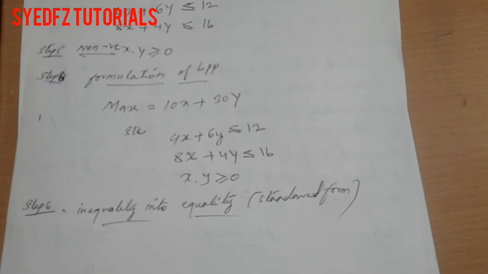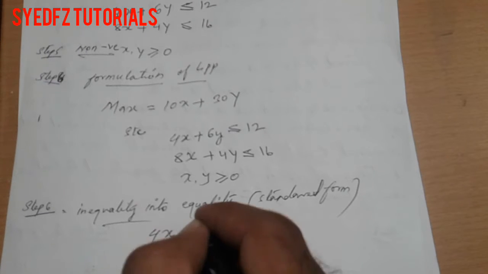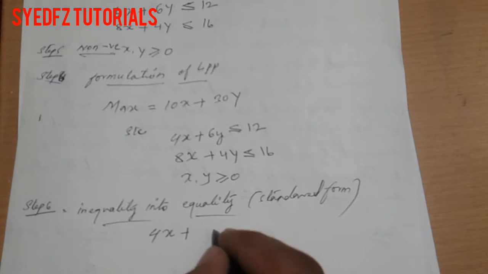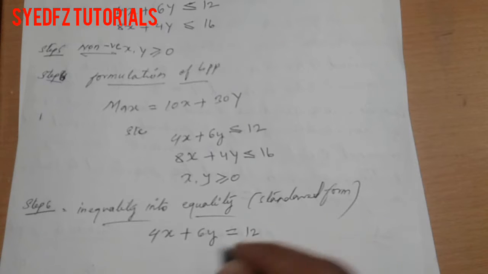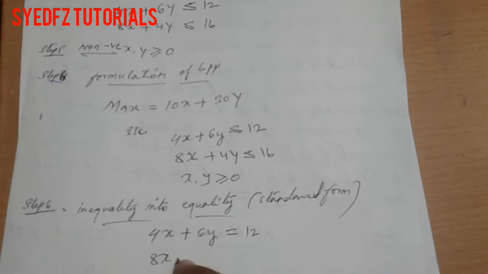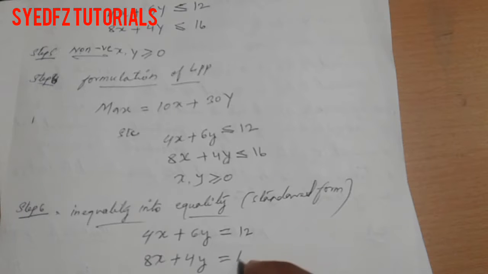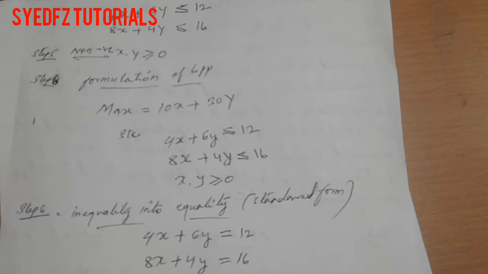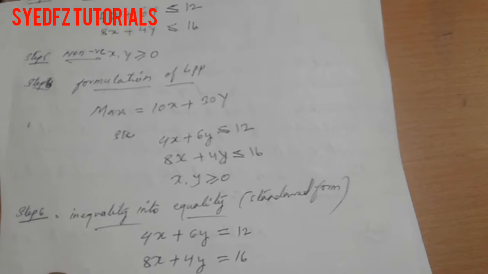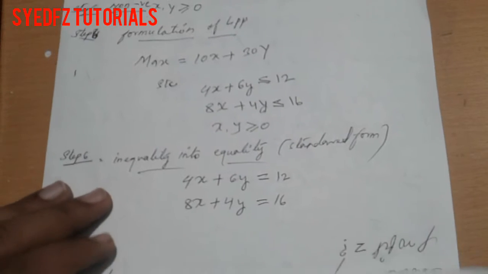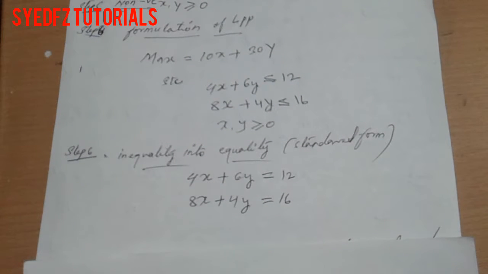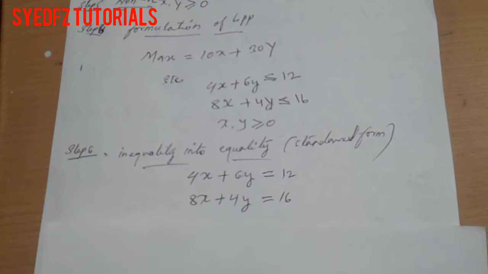How we can convert? Like 4x plus 6y is equal to 12, 8x plus 4y is equal to 16. This is the conversion to standard form. Here we have to calculate the points.